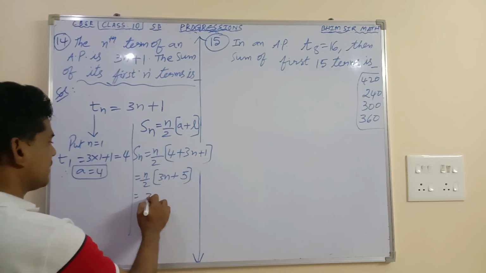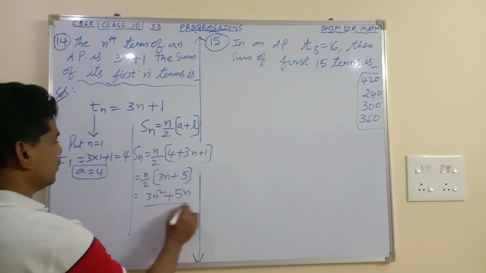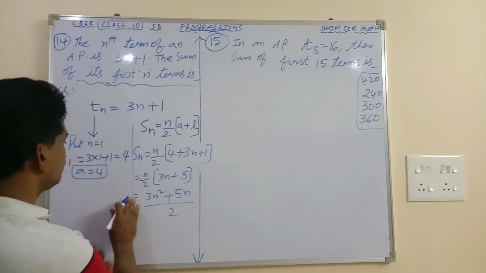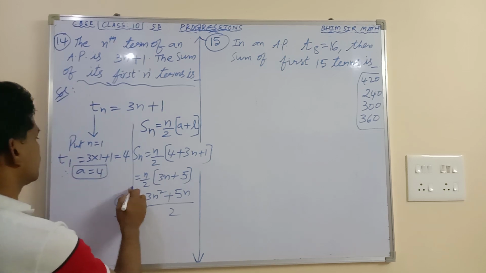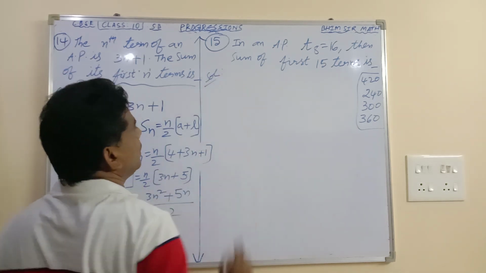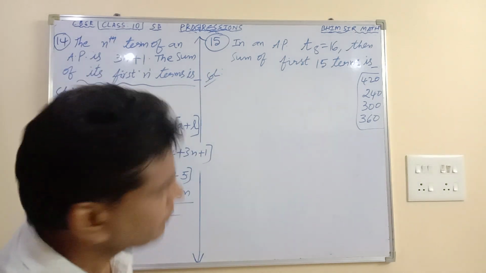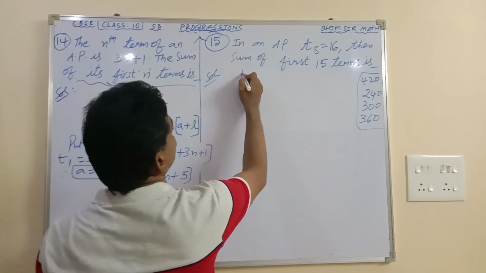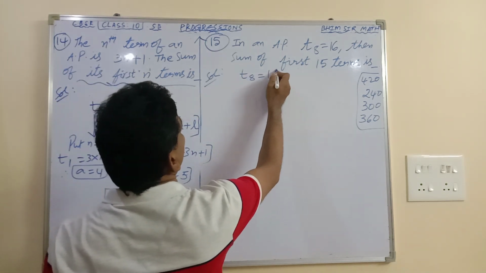So 3n into n is 3n square plus 5 into n, all by 2. This is the sum of n terms. Okay, clear.